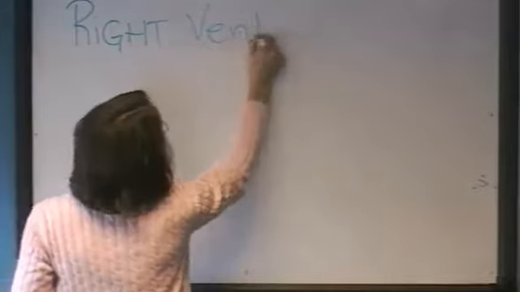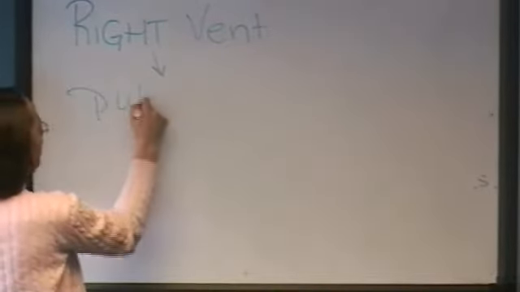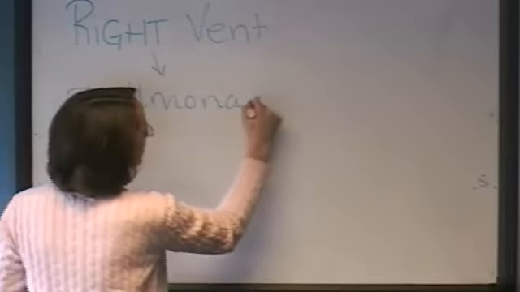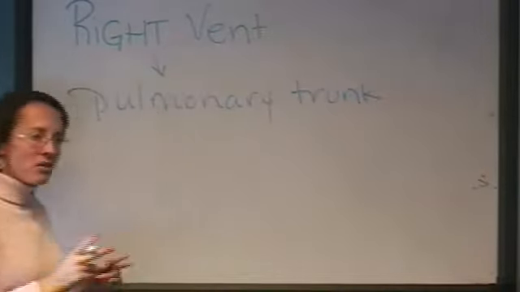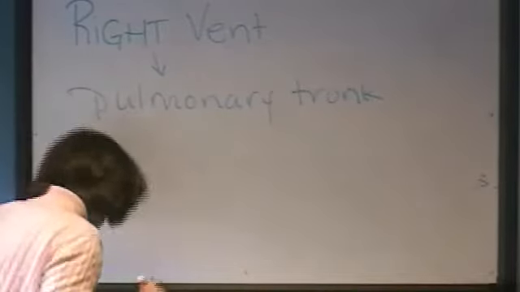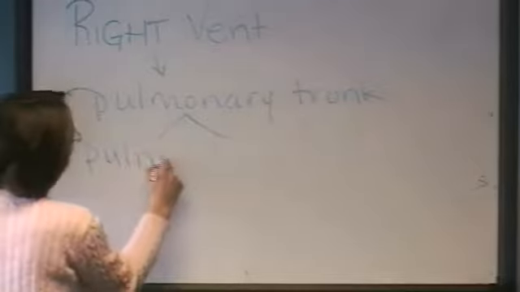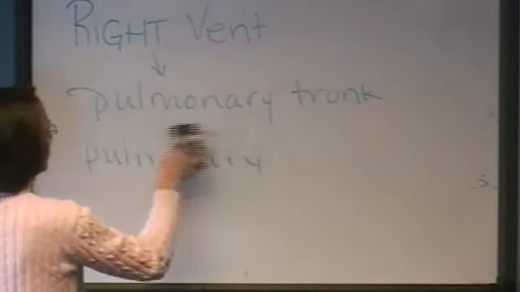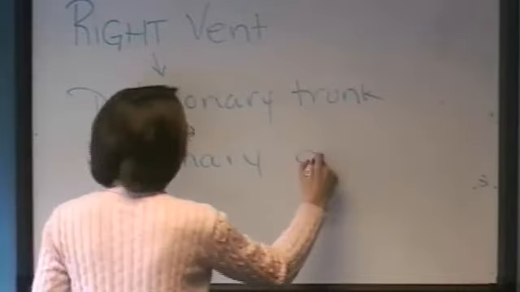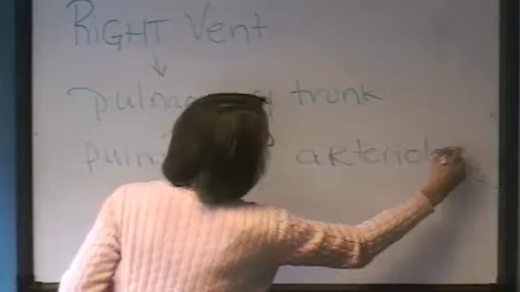Coming off the heart itself, the right ventricle is going to send blood to the lungs beginning at the pulmonary trunk. That pulmonary trunk is going to bifurcate into the pulmonary arteries.